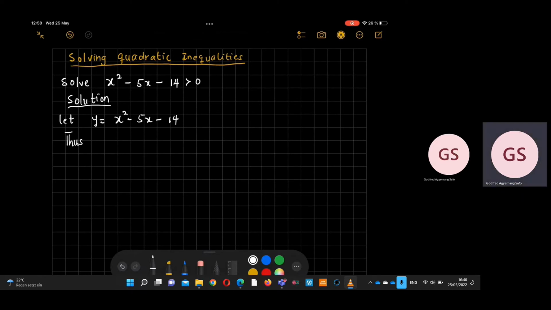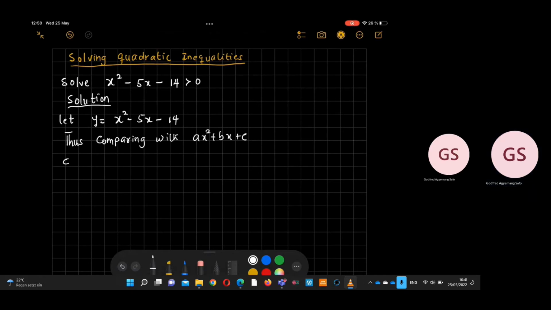So in this case, when you compare the curve with the general quadratic form, that is ax squared plus bx plus c, then we can say that a is equal to 1. And this is greater than 0, that is, it is positive. So once it is positive, then we know the curve will have a minimum value.